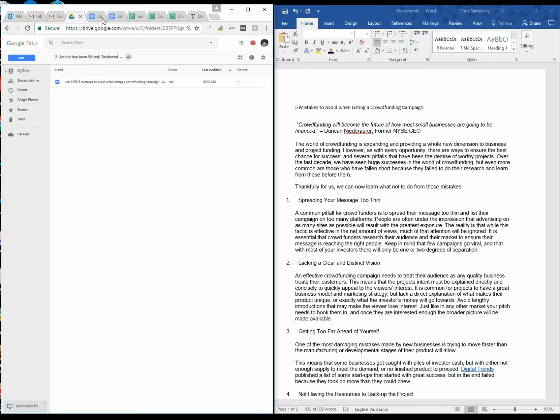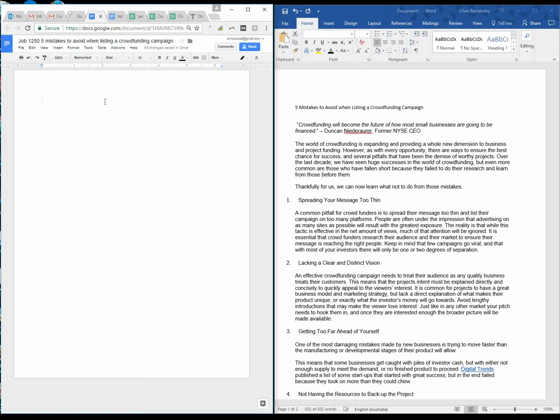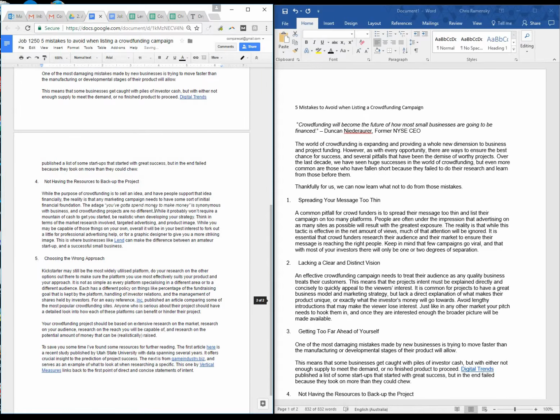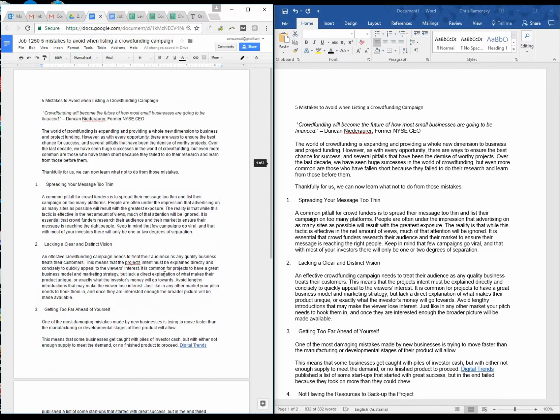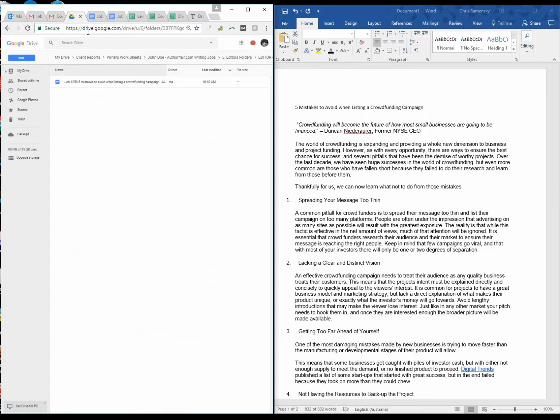There it is. So we're going to paste all of that in here. The article looks good. We're just going to update, actually we have updated the file name, and that will basically be that.